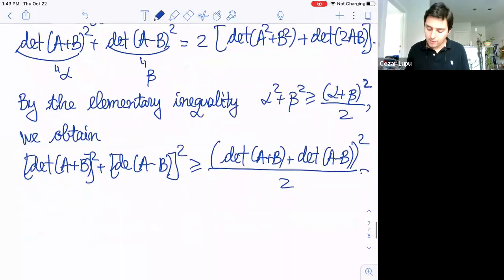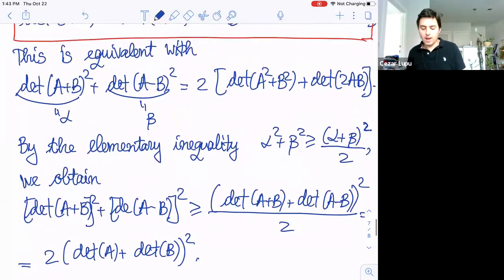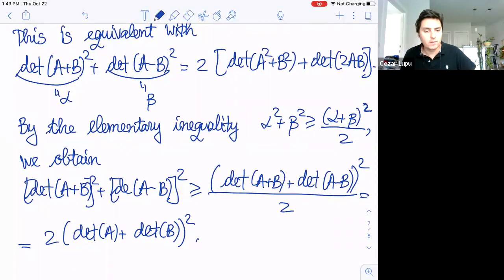But this will be equal to 2 times the determinant of a plus the determinant of b. Sorry, 2 squared here, right? Oh, in fact, I can say 2, and that's it. Anyway, now you can play around with these. The 2 will go away, and you'll derive the conclusion.